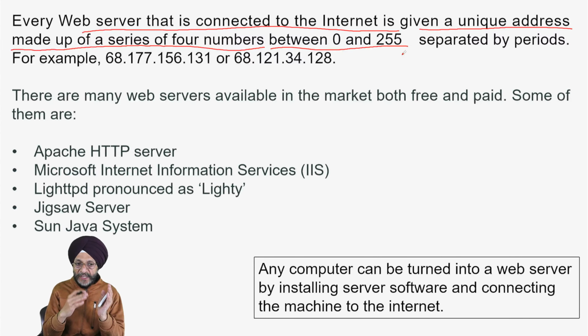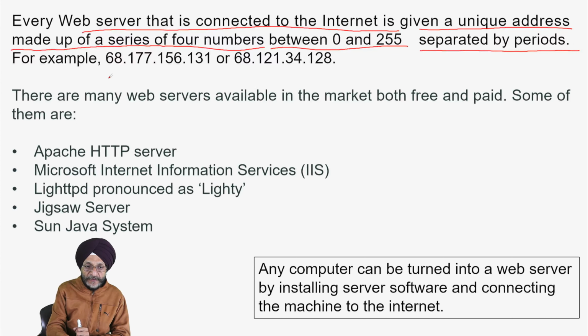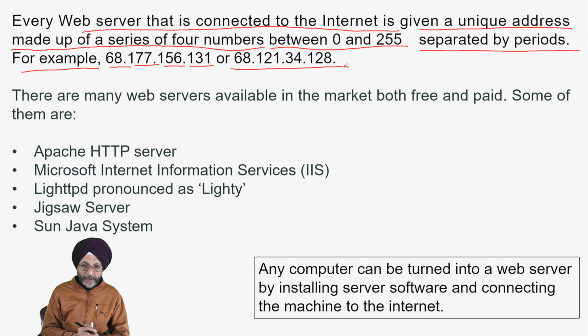Then the answer will be it is made up of a series of four numbers between 0 and 255, which are separated by periods. Periods means dots. For example, 68.177.156.131, and this is another example of another unique address of a web server.